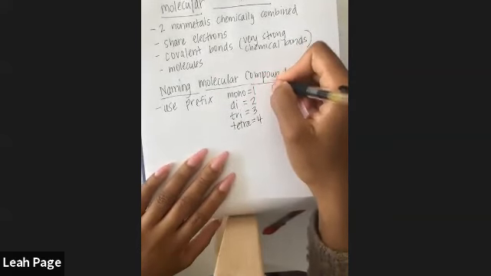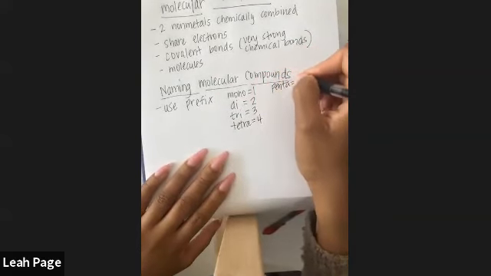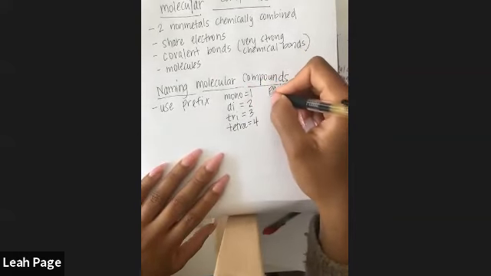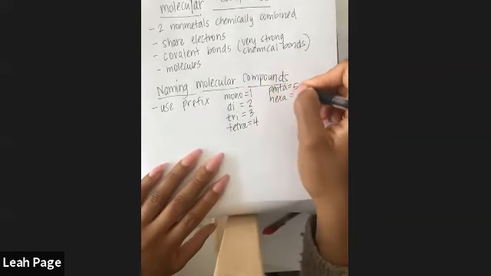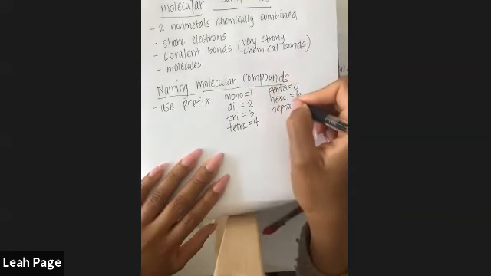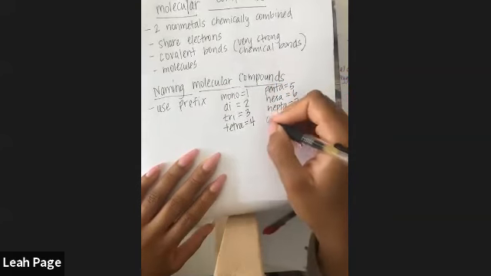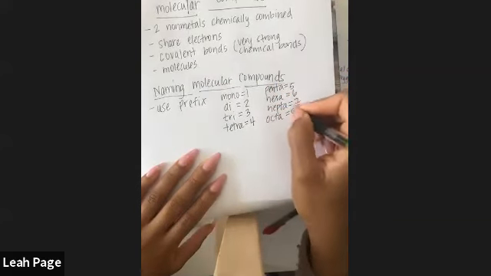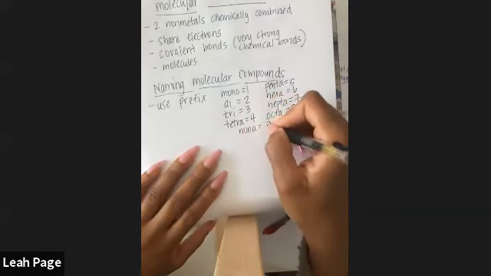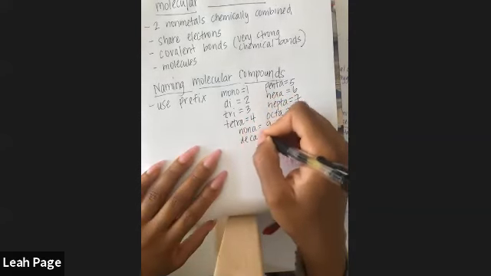And then we have penta equals 5. And then we get like in math. So hexa equals 6. Hepta is 7. Octa for 8. And then nona is 9. And deca is 10.